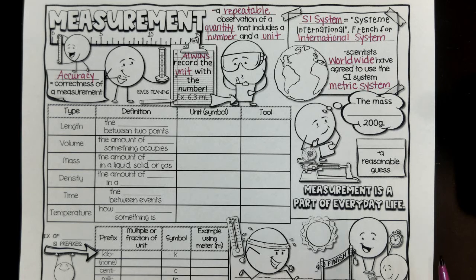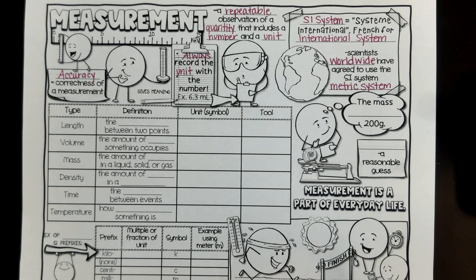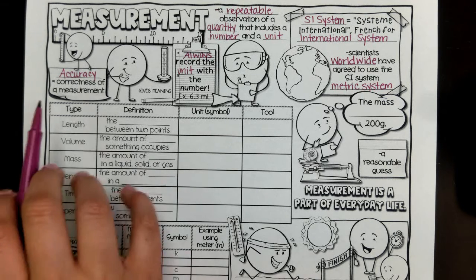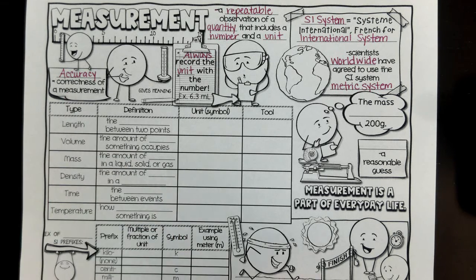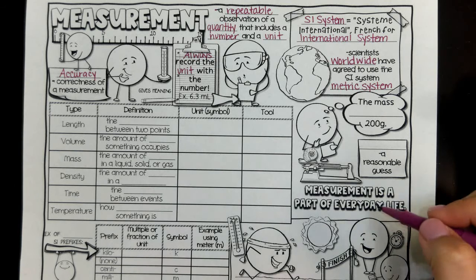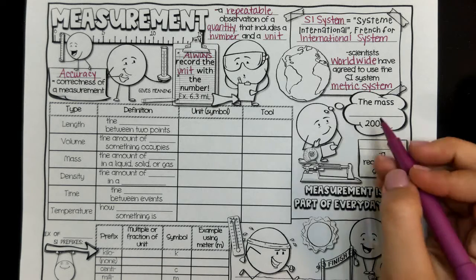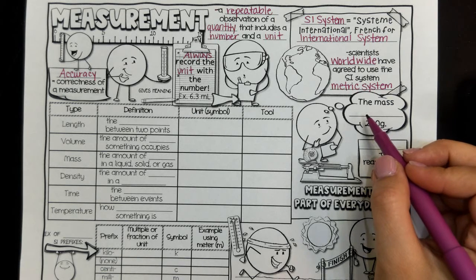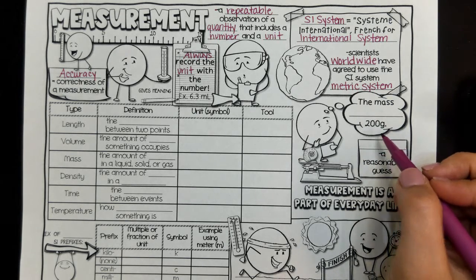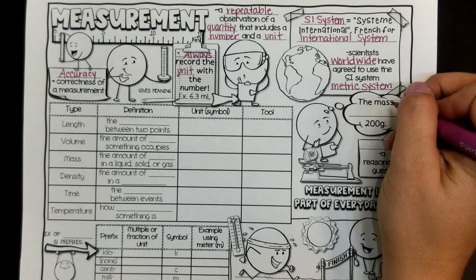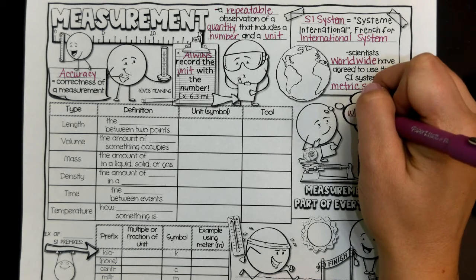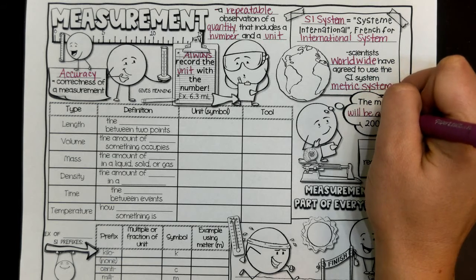Okay? So whenever we are going to be measuring, a lot of times when we want things to be accurate, we're actually going to look at the exact measurement. But before, a lot of times we will just guess. Okay? So in this situation, when you are talking about an estimate, this would say the mass will be about.